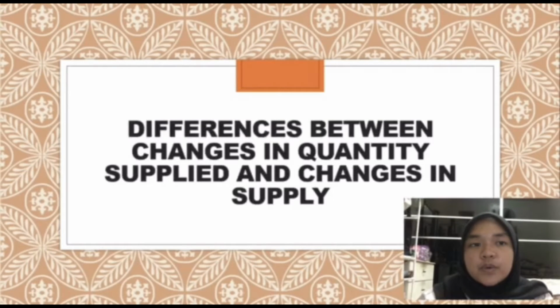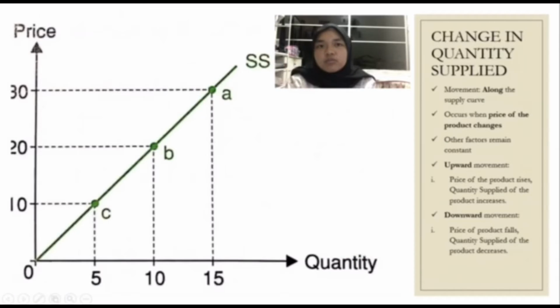Now I will explain the difference between changes in quantity supplied and changes in supply. The movement of changes in quantity supplied is along the supply curve. It occurs when the price of the product changes while the other factors remain constant. There are two movements in changes in quantity supplied.